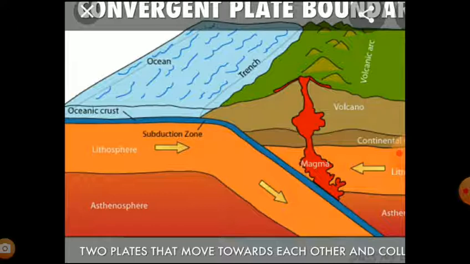Now, because of the pressure exerted by the asthenosphere, the lava or the magma is pushed in the upside area, creating craters or vents on the upper side of the surface of the earth, creating a volcanic type of situation.